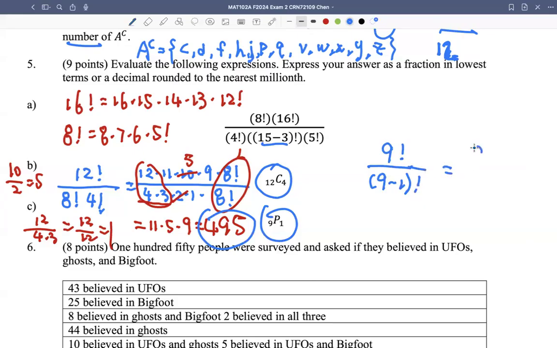Well, 9 minus 1 is 8, so that's 9 factorial divided by 8 factorial. Well, 9 factorial can be written as 9 times 8 factorial, divided by 8 factorial. 8 factorial divided by 8 factorial becomes 1. So this is just 9 times 1, which is just 9.